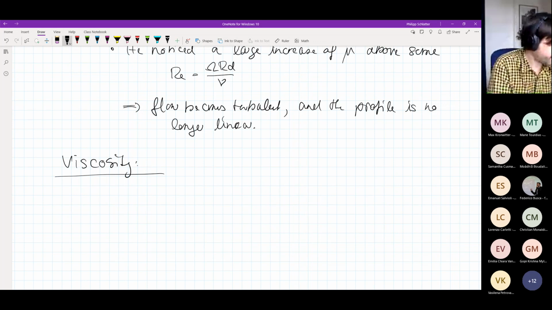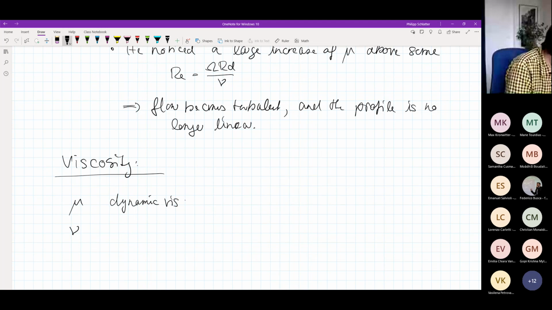First of all, we have talked about the viscosity expressed as mu, and then we have also talked about the viscosity expressed as nu. And of course, we have mentioned that mu here is what we call the dynamic viscosity, and the nu here is what we call the kinematic viscosity.